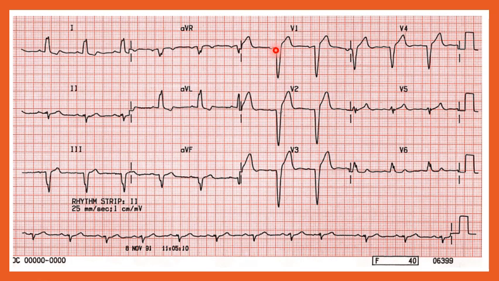There might be ever so slightly, can't really swear to it, a little tiny R. I have a tendency to say no. Either way, big negatively deflected S wave consistent with left bundle branch block pattern. So that's what we have going on here. Left bundle branch block pattern.